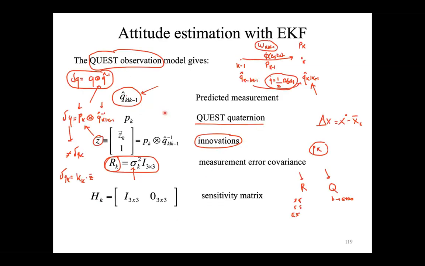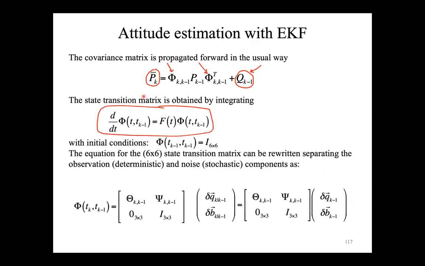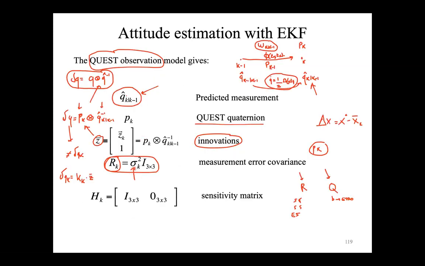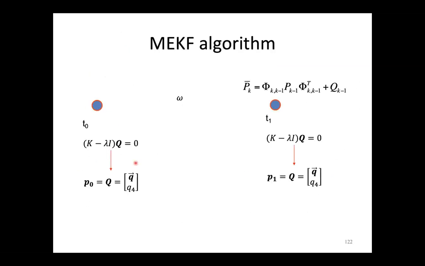So let's continue with the extended Kalman filter. So let's assume that you have an initial estimate of Q, and you have also R because it's given by the error of the sensors. So what you have to do in this bit here, in the extended Kalman filter compared to the QUEST algorithm, is that your P0 will be indeed your Q k minus 1, k minus 1.